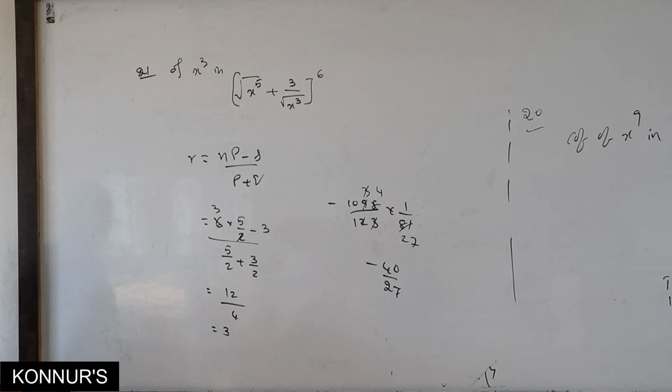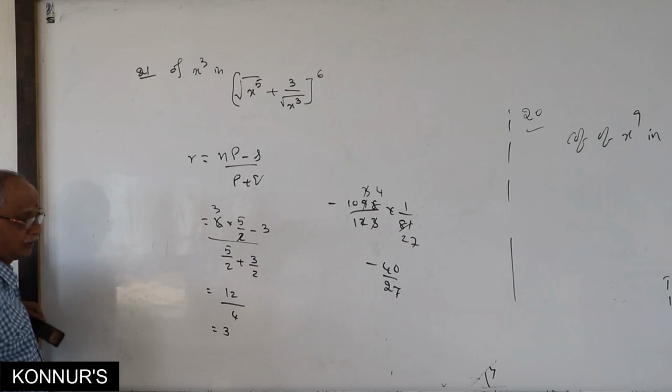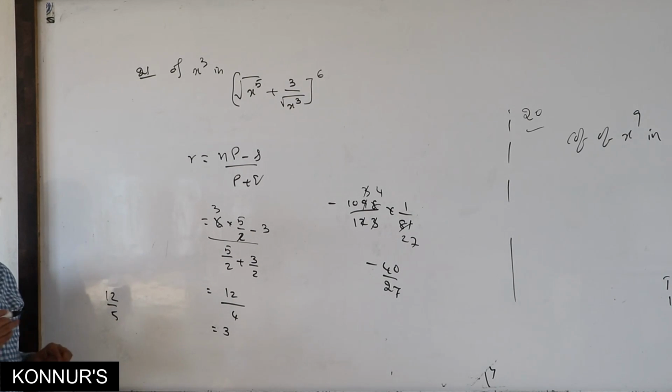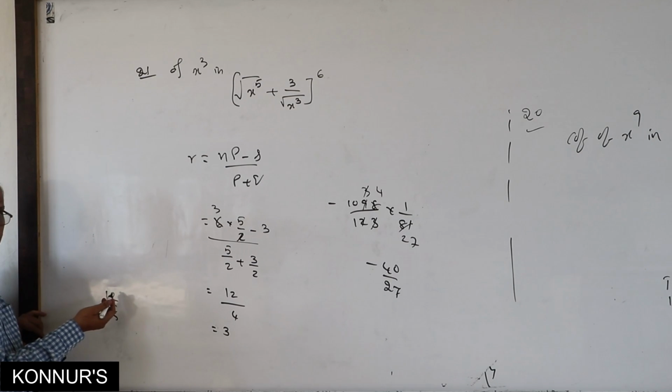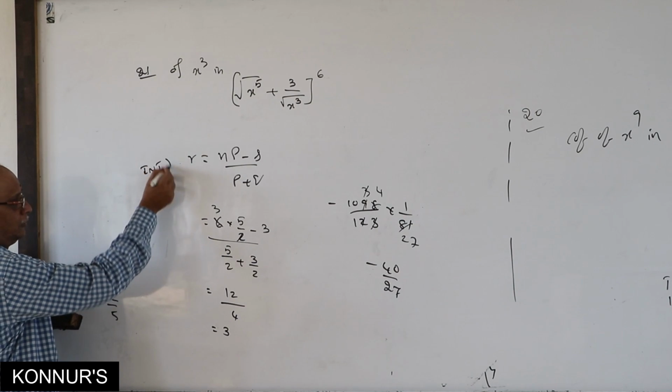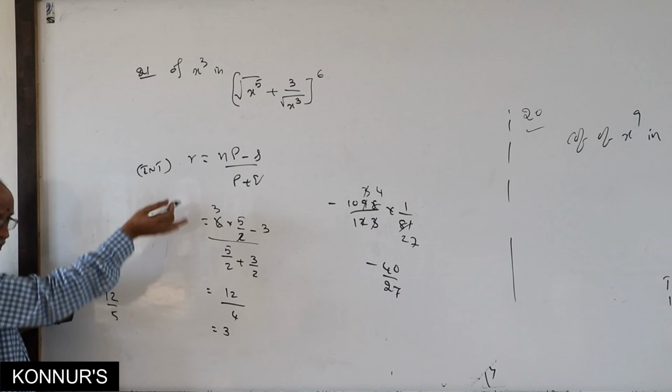R must be an integer. By chance, if you get a decimal or a fraction here, suppose you are ending with 12 by 5, don't calculate 2 point something as the answer. R must be an integer, otherwise no solution. No solution means does not exist.